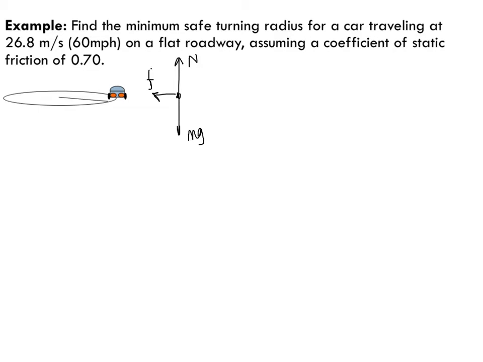Now again, remember that our static friction will be equal to mu times mg, or mu times our normal force, which in this case is mg. And we want to set this equal to our centripetal force. So this is mv squared over r.